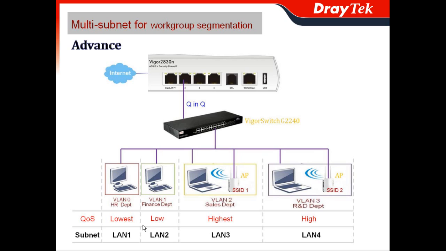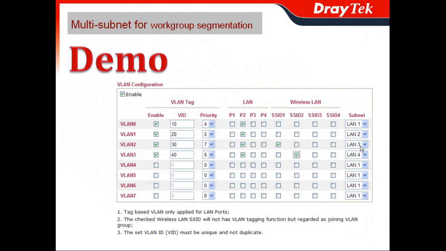So, how do we do it, to manage the QoS and also the wireless LAN altogether? If we set the subnet LAN 3 belonging to the sales department, we know we want to give them the highest priority. So I choose the number 7, and you may ask why 7 is the highest priority.